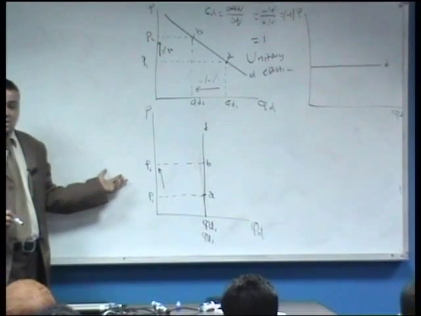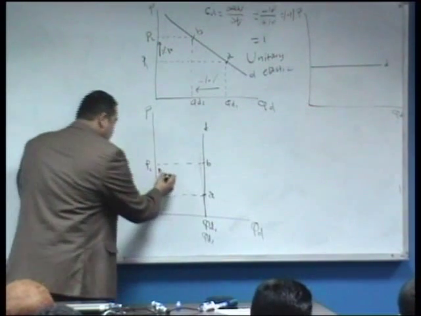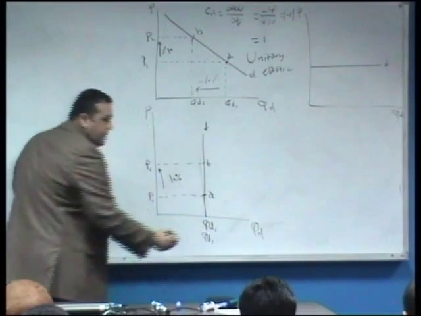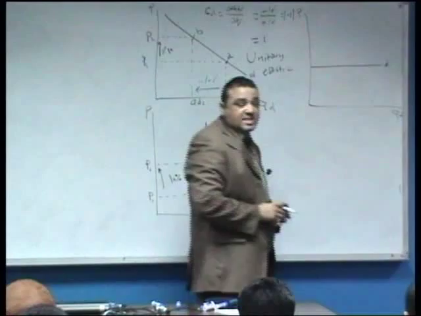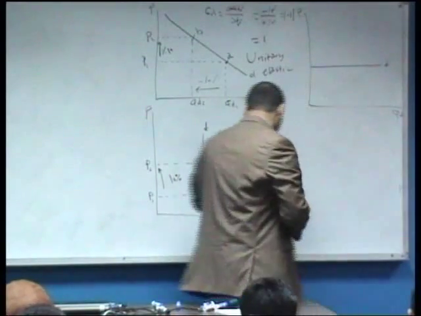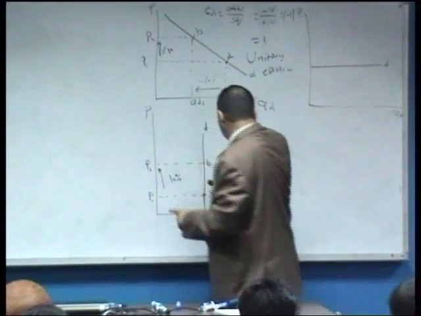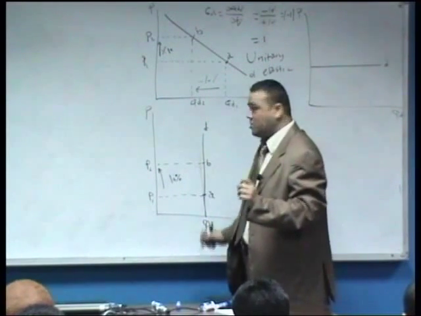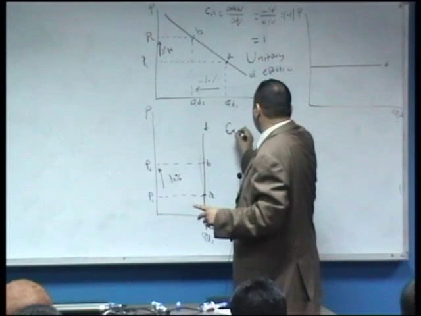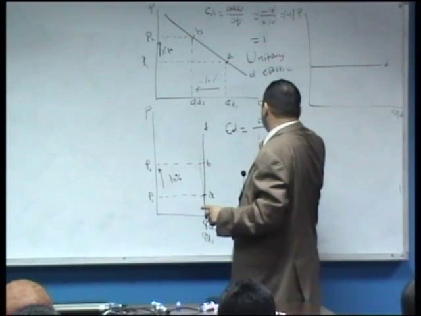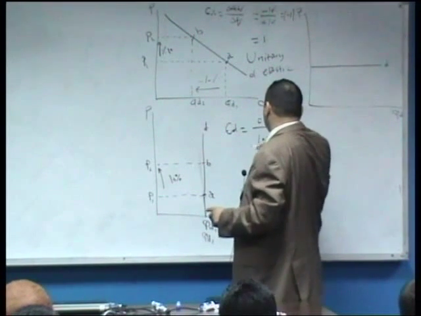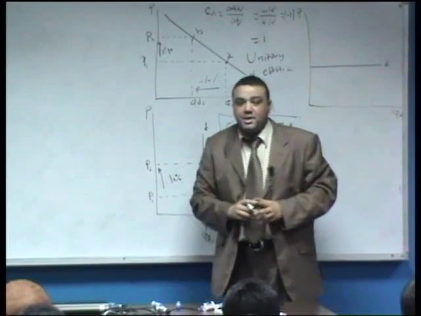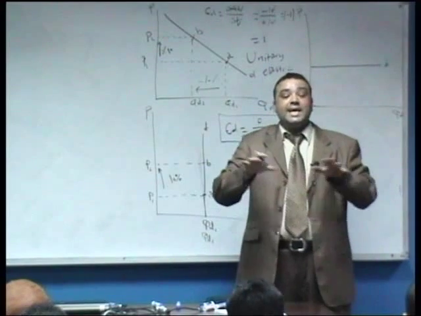In this case, when the price increased by 10%, there is no change in the quantity demanded, or the quantity demanded is constant. So the delta QD in this case is 0. So ED equals 0 over 10% equals 0. So the price elasticity of demand is perfectly inelastic.